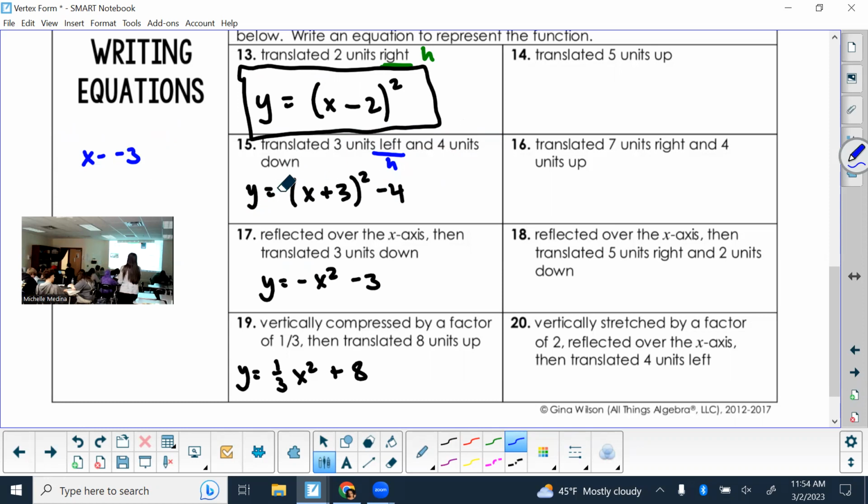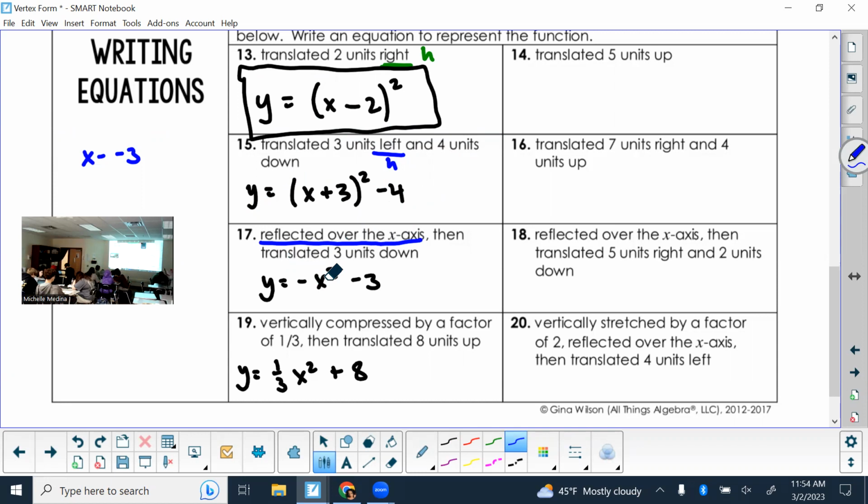All right, notice we didn't have to put anything for the A because we didn't say anything about compression, stretch, or reflection. So you just move on. 17, we had reflected over the x-axis. That affects my A, and that makes it negative. That's why I have a negative, and it has to be in front of the x.